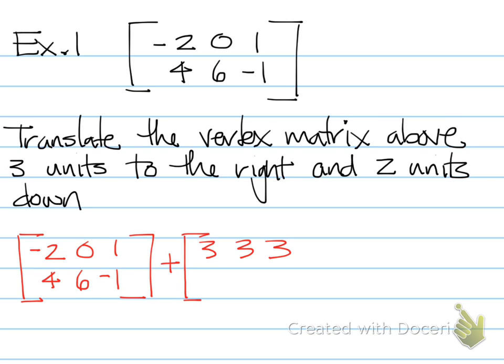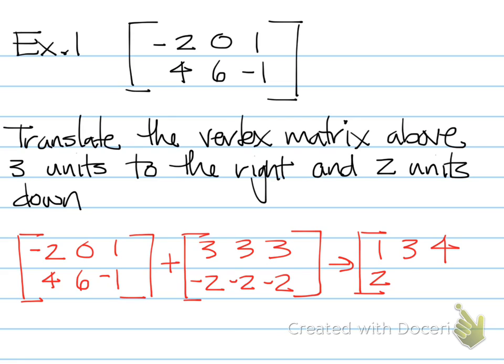So we should have 3s in the top row of our second matrix. And then since we're going to shift it down 2 units, we want -2 in the bottom row of our matrix. When we add 3 to each one of the elements in our first row, we're going to get 1, 3, and 4. When we add -2 to each element in our bottom row, we're going to get 2, 4, and -3.